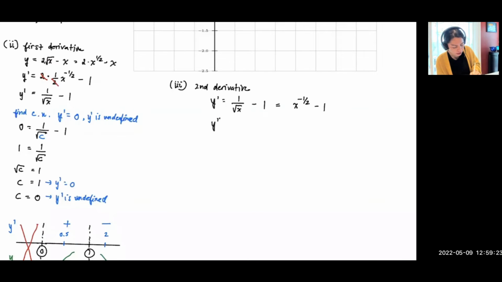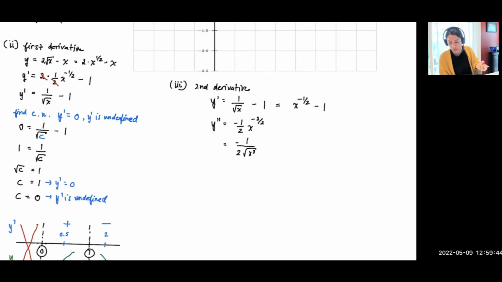So then the second derivative will be negative 1/2, drop it even further to negative 3/2. And then, of course, the constant's derivative is 0. If I rewrote this a little nicer, I would have negative 1 over 2 square root x cubed.